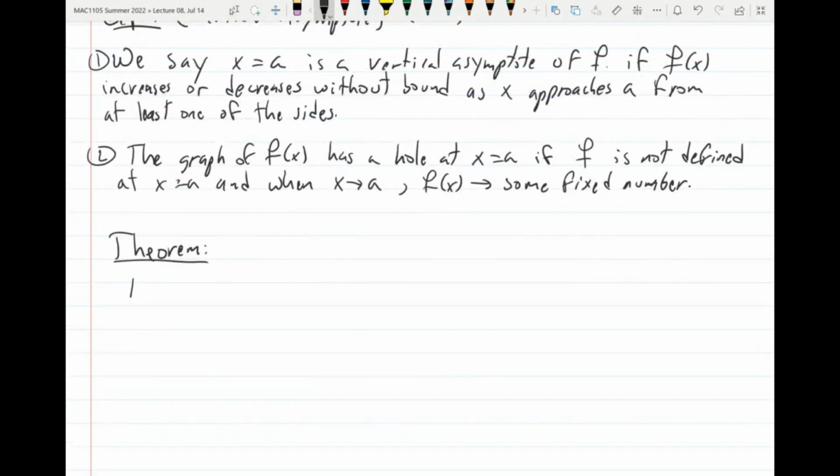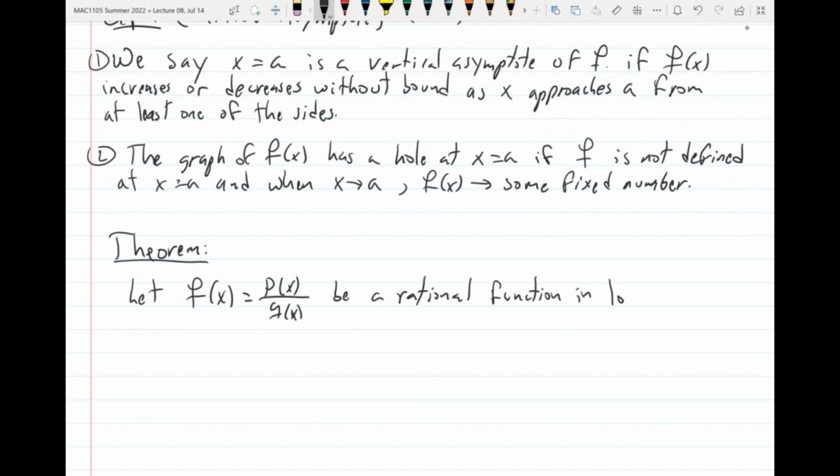So let f of x equals p over q be a rational function in lowest terms. So do you know what I mean by lowest terms? What does this mean when it's saying lowest terms?